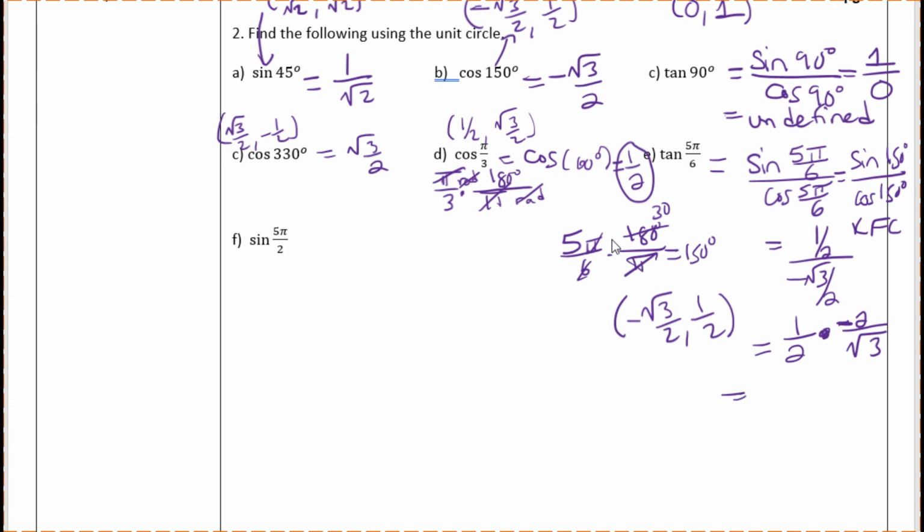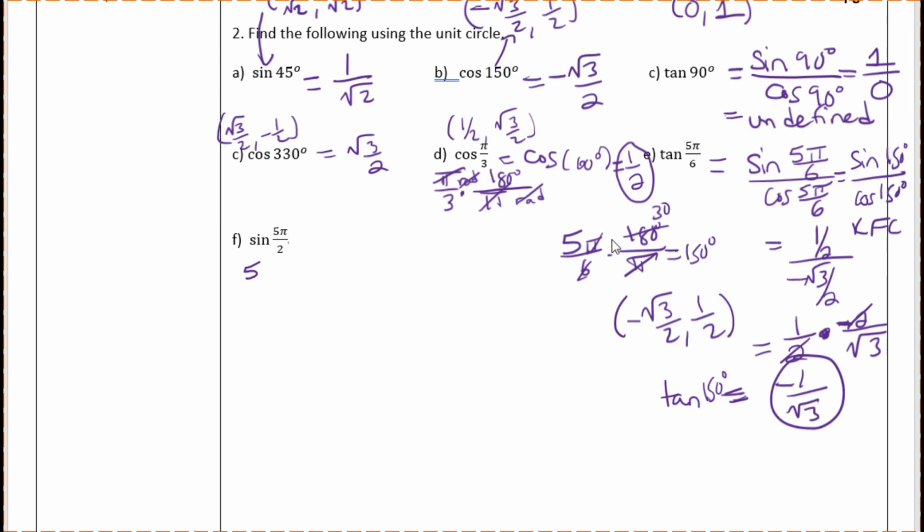In this case, the negative 2 divided by 2 is negative 1. So this will give me negative 1 over square root of 3. That's the answer for part E, tangent. So tangent of 150 degrees is negative 1 over square root of 3.